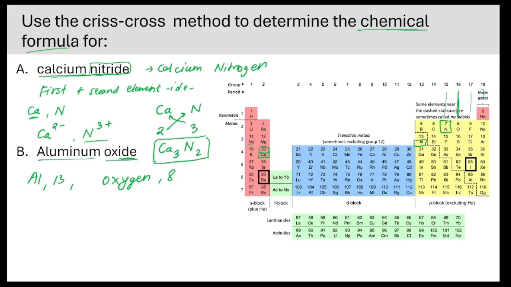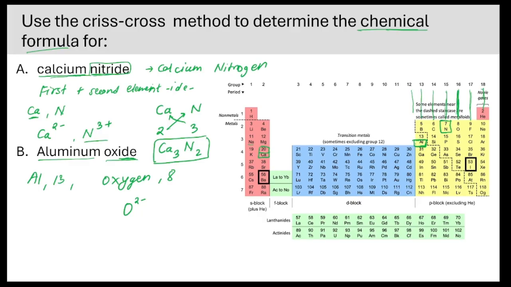That means the valence electron in oxygen is 6, so it will gain 2 electrons.